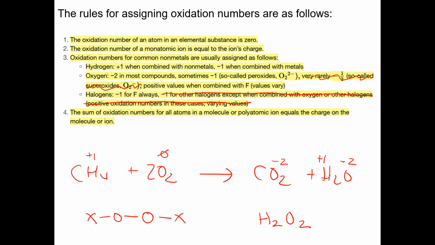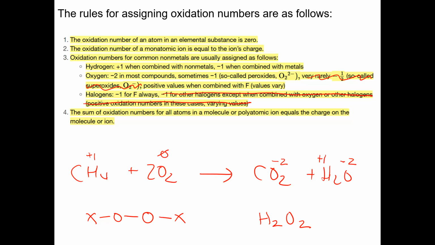And then the last rule is very important, and it's going to help us many times. It says the sum of oxidation numbers for all atoms in a molecule or polyatomic ion equals the charge of the molecule or ion. So remember that molecules have an overall charge of 0.